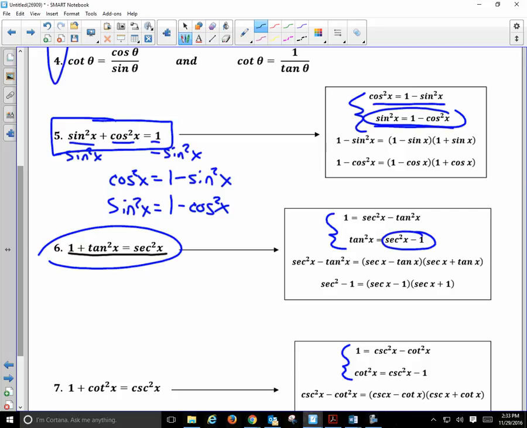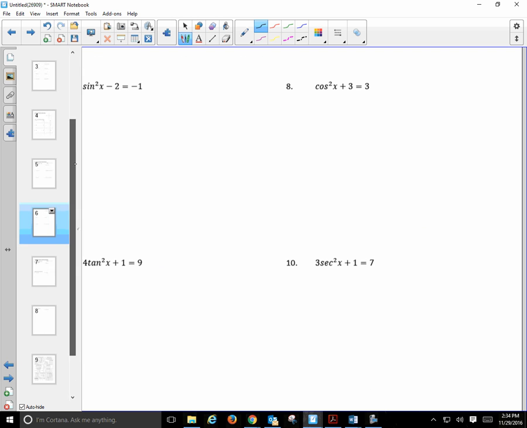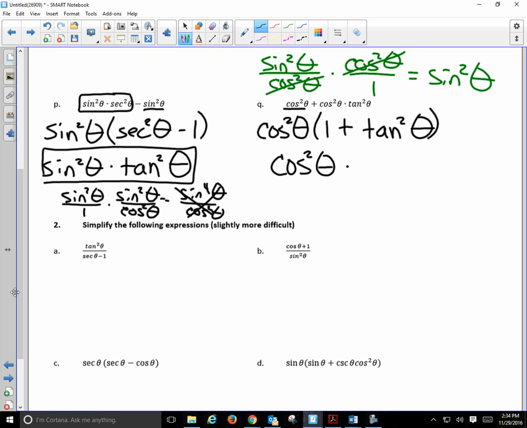All right, so 1 plus tangent squared is secant squared. I use that. I go back here. Now, I'm going to write this out, but I want you to know that some of you will skip this step. Do you know the relationship between cosine and secant? They are reciprocals.